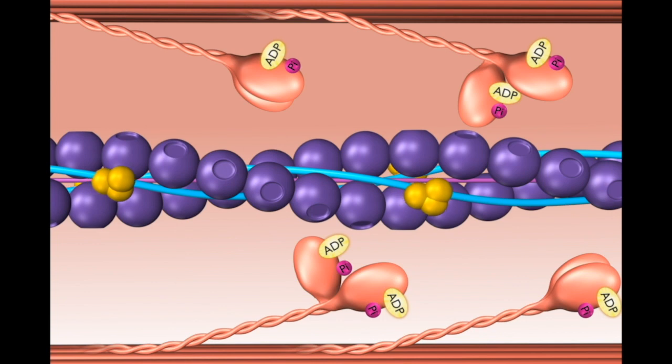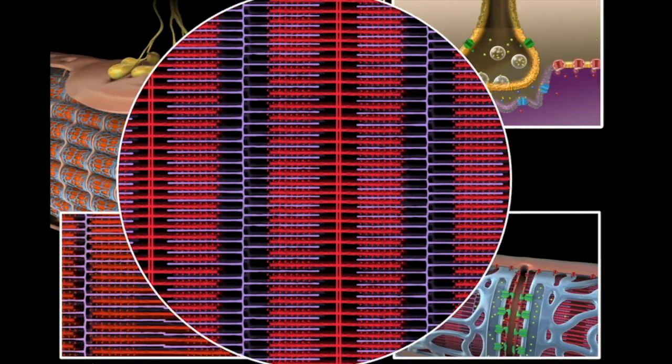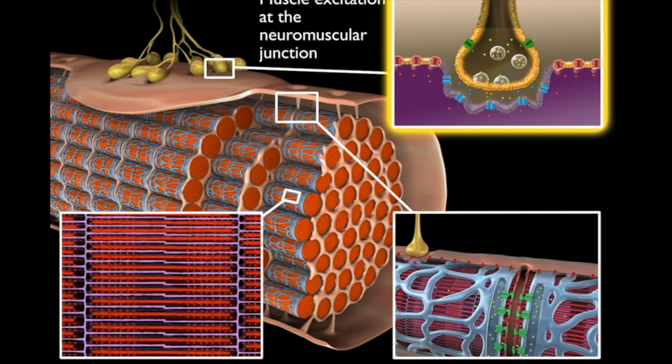This causes tropomyosin to shift back to cover the myosin binding sites on actin. Cross-bridges are now prevented from forming, so the thin filaments slide back to their resting position. The sarcomere is now ready for the next stimulation at the neuromuscular junction to trigger another muscle contraction.